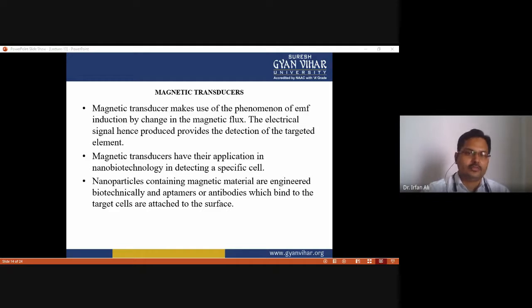The nanoparticles are introduced inside the system where they bind to the specific cells, and they are magnetized by passing an electrical field. The magnetization leads to the flux change through the transducer, which identifies the target cell through an electrical signal. After that, even the separation or removal of such cells is possible through the application of a strong magnetic field.